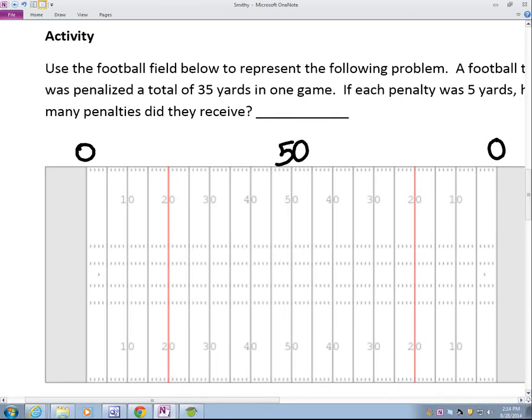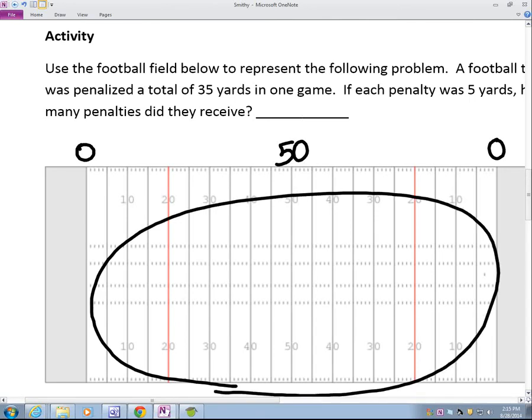Use the football field below to represent the following problem. A football team was penalized a total of 35 yards in one game. If each penalty was 5 yards, how many penalties did they receive? I want you to demonstrate that somewhere on this football field. And do not just use lines. I want to see some numbers there. You have 3 minutes. Go.